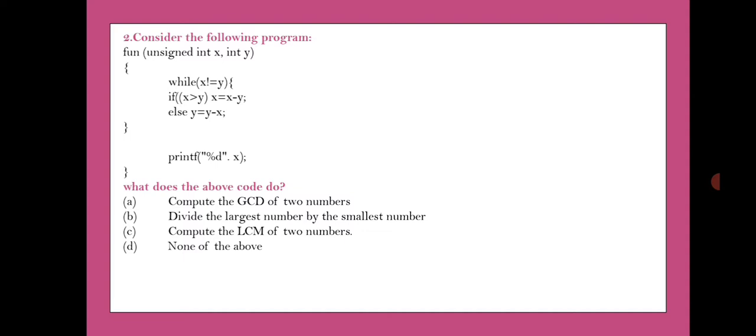Does it compute the GCD of two numbers, divide the largest number by the smallest number, compute the LCM of two numbers, or none of the above? It's simple: whichever is greater, the smaller is subtracted from it, and it prints the GCD of two numbers. So the function computes the GCD of two numbers. Hence the answer is A.